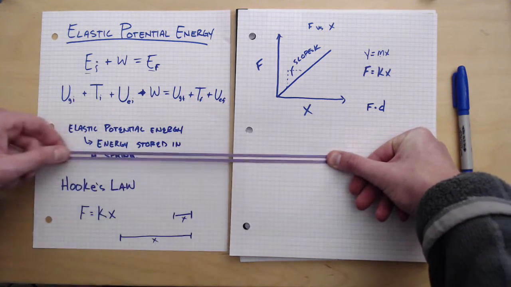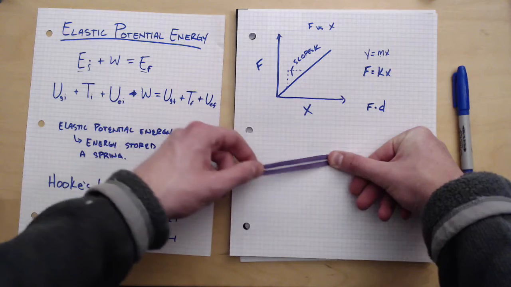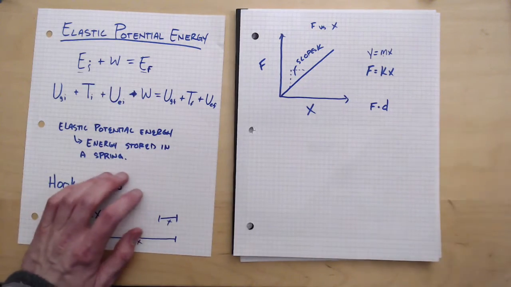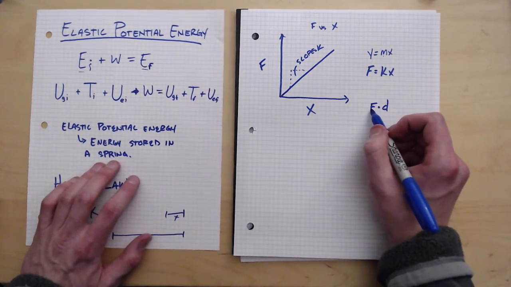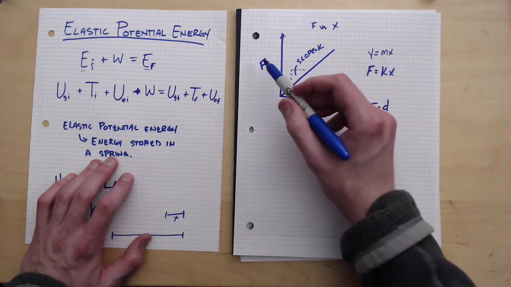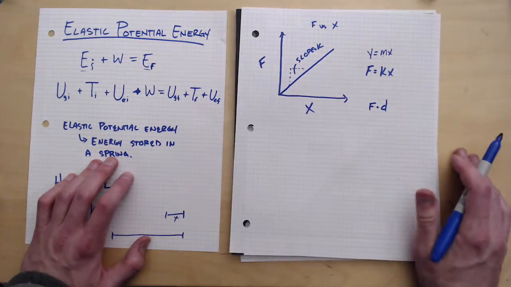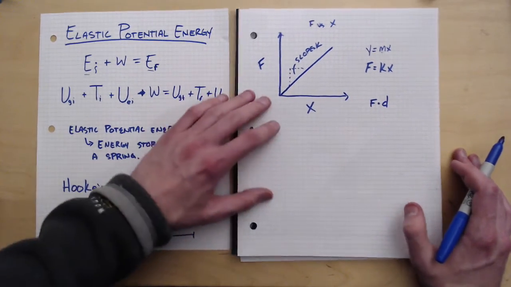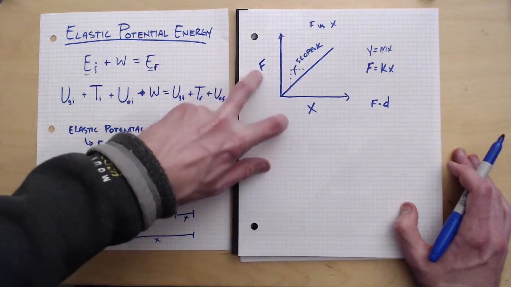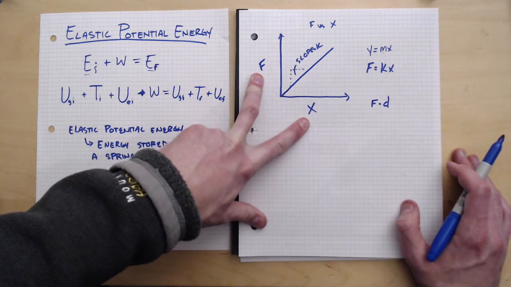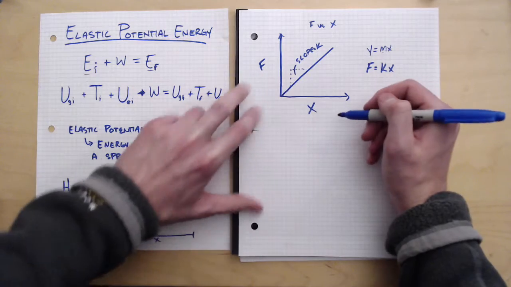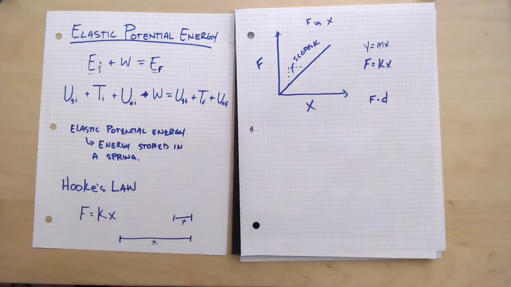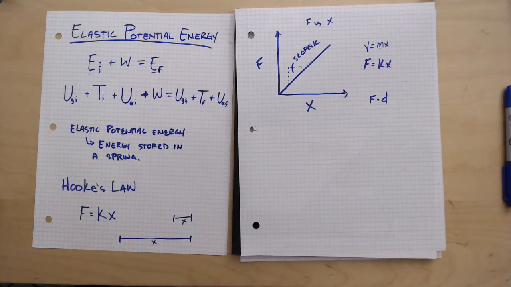We're putting energy into this system. So, that's great. We have a force and a distance, but look at this. We also have a force and a distance here. Well, what happens if you multiply force and distance, especially on a graph like this? Well, you are going to get the area underneath the curve.